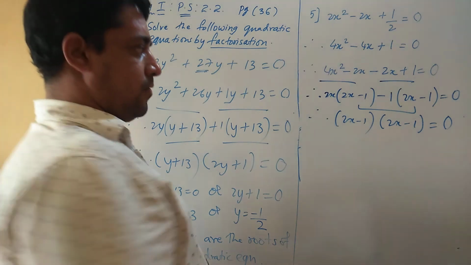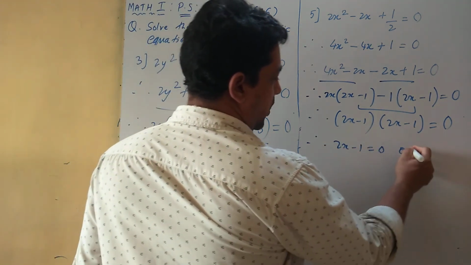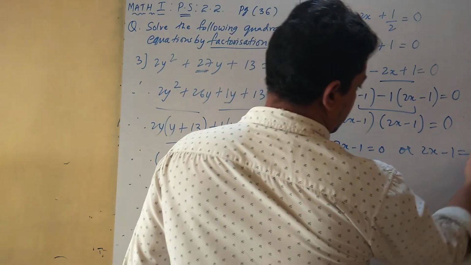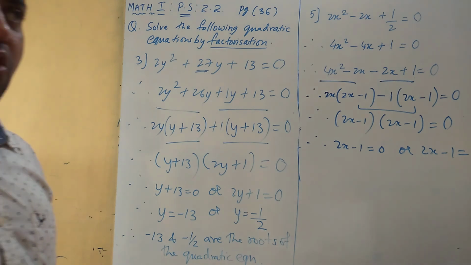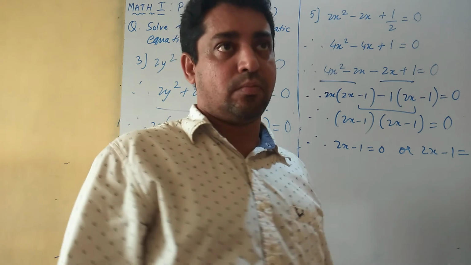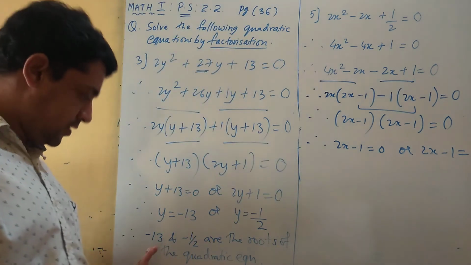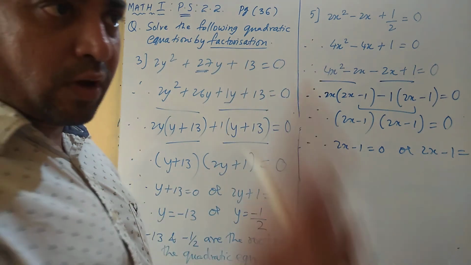That's it. Therefore I can give it 2x minus 1 equal to 0, or I can write it down 2x minus 1 equal to 0. That means you are getting the same solution here. Both your solution will be same. Usually we get different values, but here we will be getting only one solution.